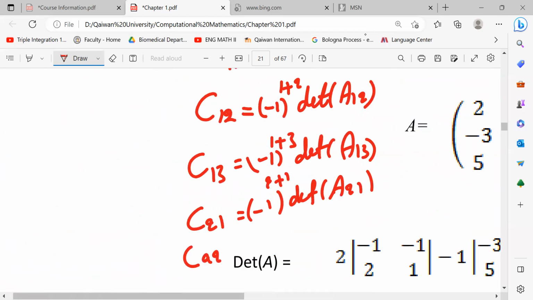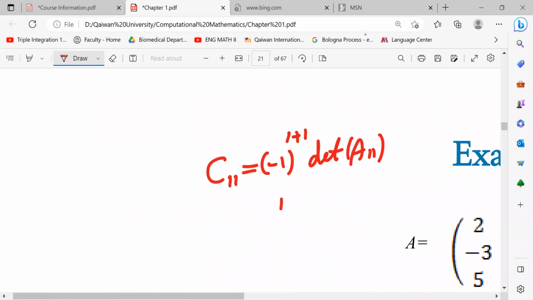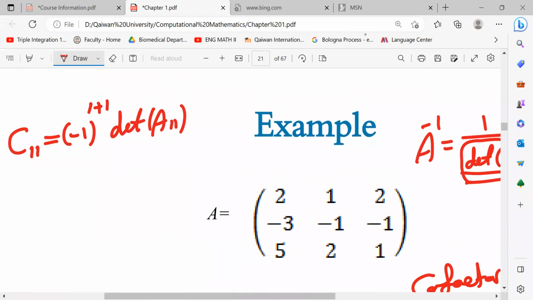What is C11? Let's start from C11. Here, it's -1 to the power 1 plus 1. This is 1. It's positive. Then, how to get the determinant of A11?